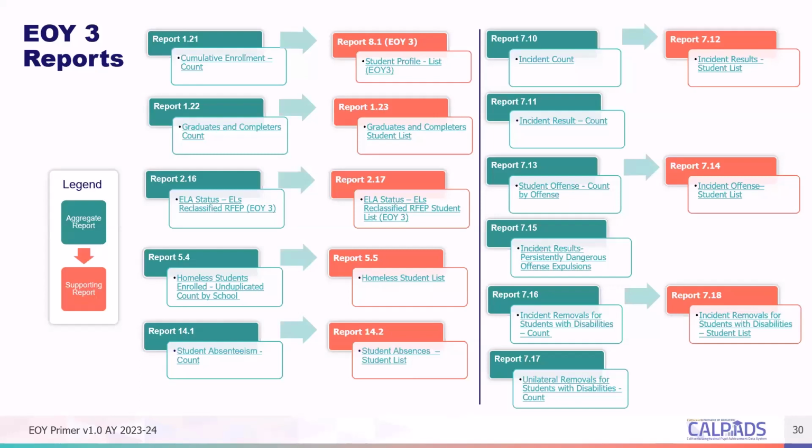The report mapping guides provide data elements used in the counts for aggregate reports and will assist data stewards with report review and verification by identifying source documents and systems. We have a link to the end of year 3 data mapping guides, and they are located on the same page as the other mapping guides for the other data collections in the CalPADS user manual.